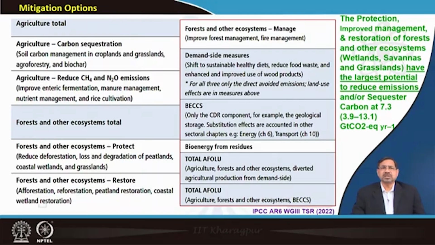Restoration means various means of restoration through afforestation, through reforestation, that means you have harvested and you are going to reforest the same patch of land, peatland restoration, coastal wetland restoration. All this contributes towards the restoration activities under forest and other ecosystems.